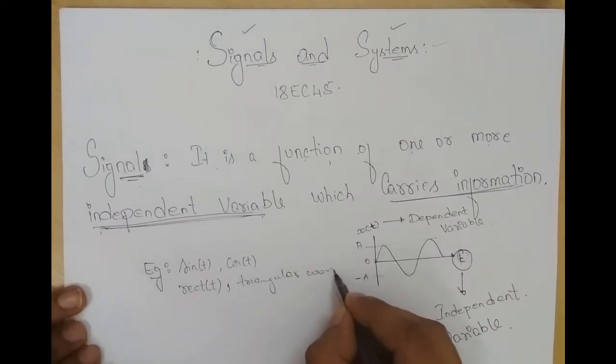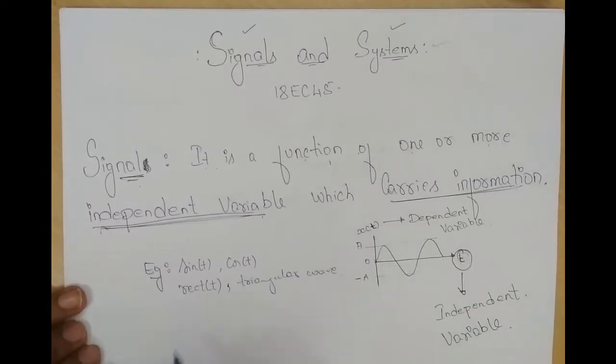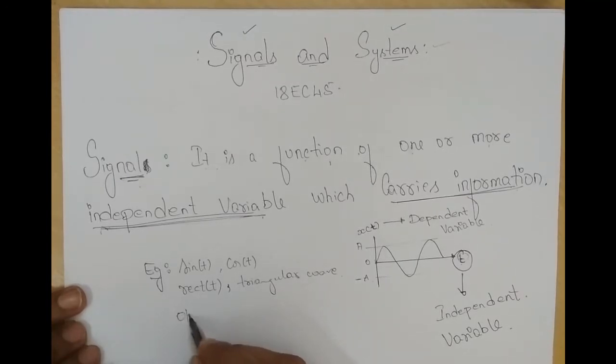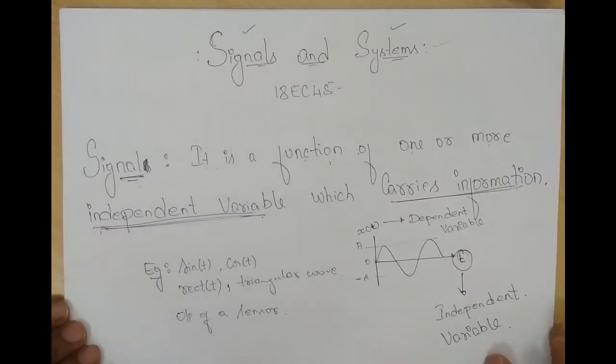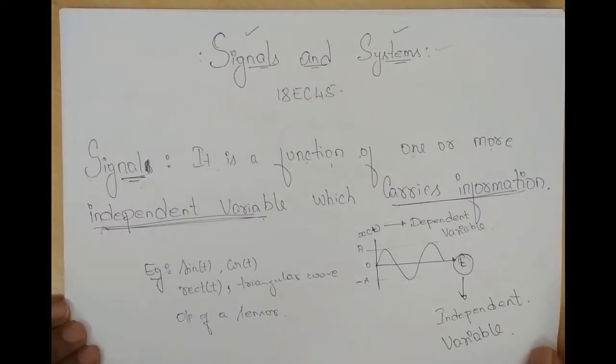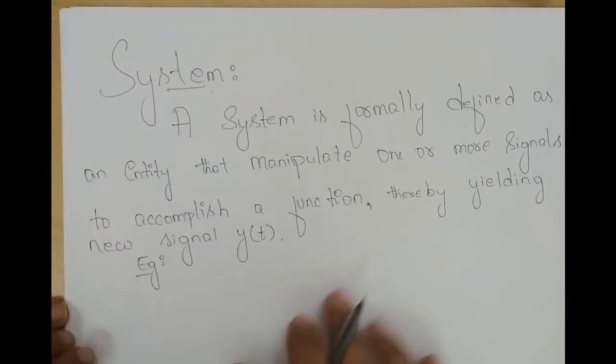These are all the basic examples, but if I go with an application as an example, it's the output of a sensor. The output of a sensor is also a signal, which carries information. So this is about defining the signal. Next, we'll try to define system.